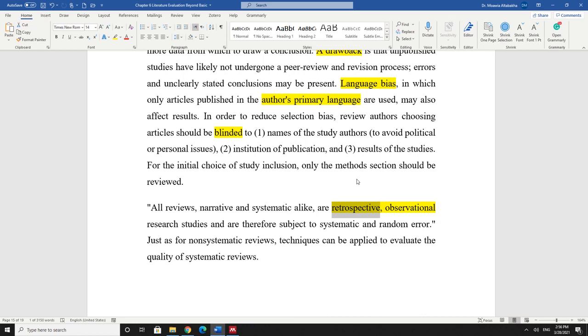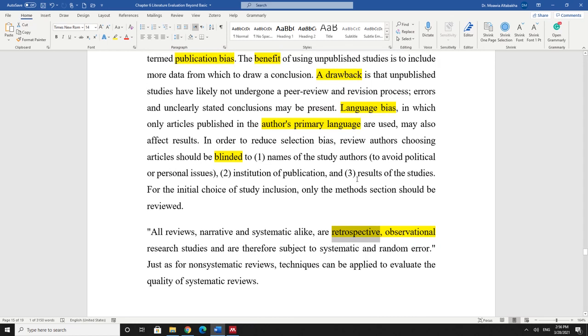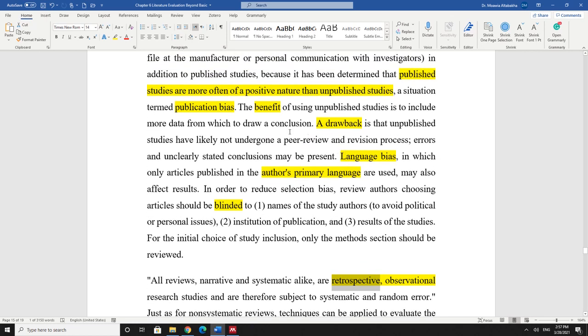But why do you need to include it? Because the problem is that data published with positive results are more than negative. That's why maybe you need to look for unpublished data. If you only review published articles, most probably the results will be positive, and there is a kind of publication bias.